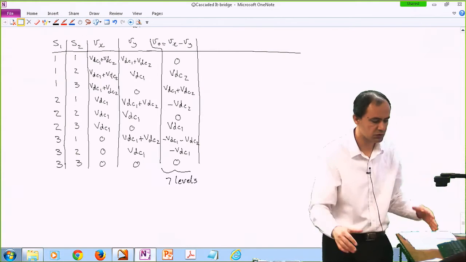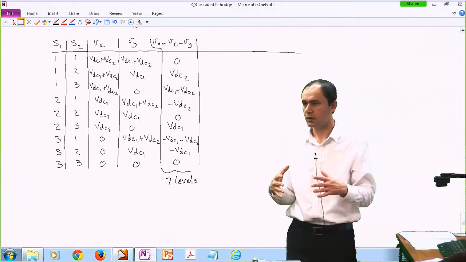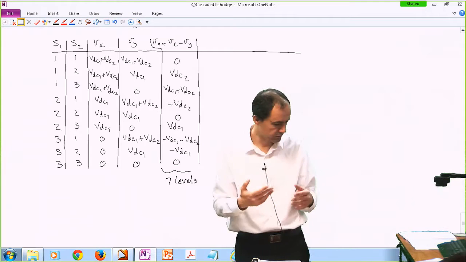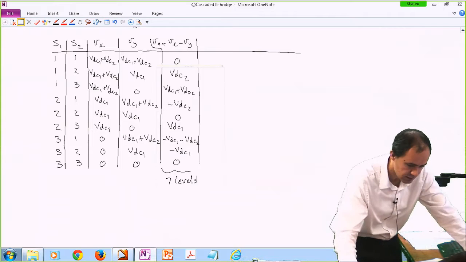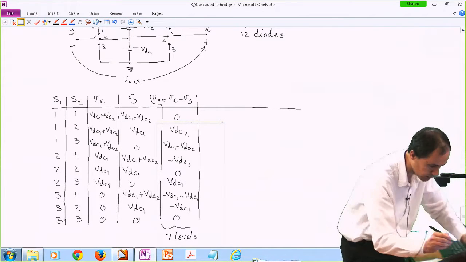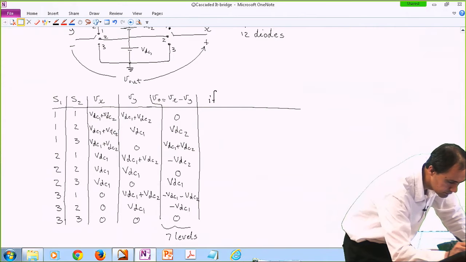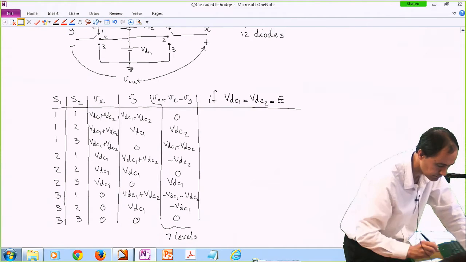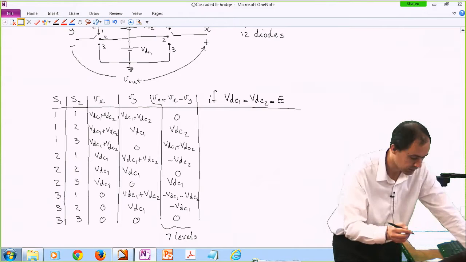Now, are these levels close to each other or far apart from each other? It depends on the numerical value that you choose for VDC1 and VDC2. For instance, if you choose VDC1 to be equal to VDC2, and I just label them to be E, then I am going to have actually more redundancy.